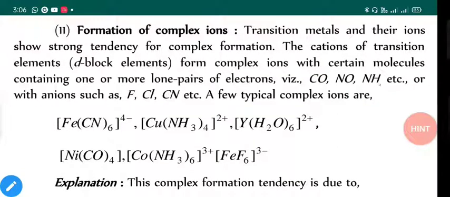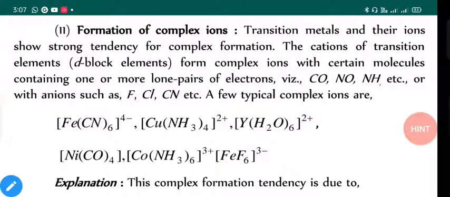So here the basic details are mentioned. Lone pairs will be accepted from the given examples, like neutral molecules or certain negative ions such as F minus, Cl minus, CN minus, etc., and they will form complex compounds. The square bracket represents that anything present inside it has coordinate covalent bonding.